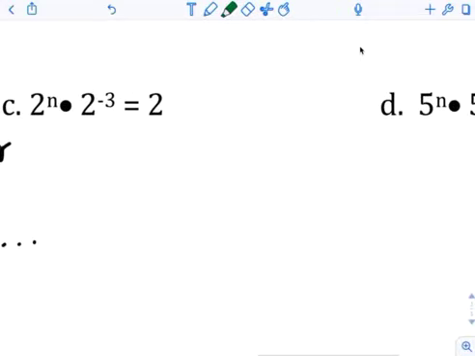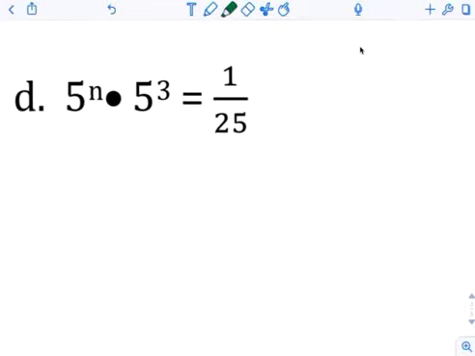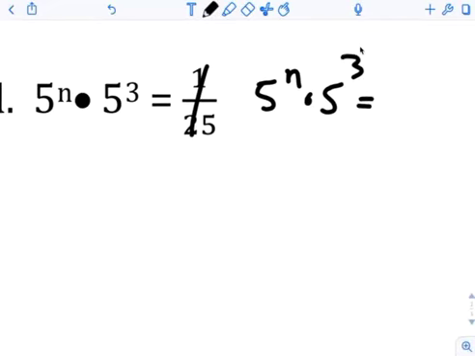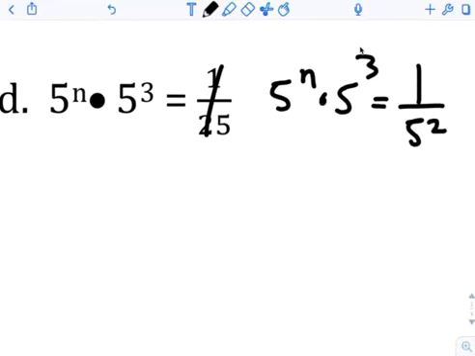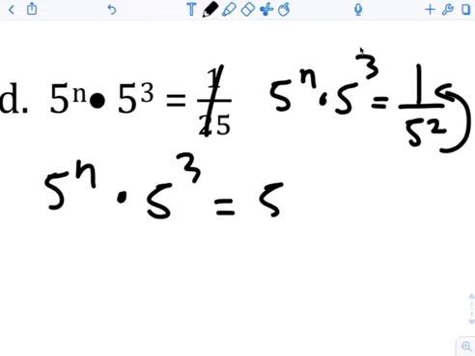Okay, so this is to the first, and finish. This one here, remember, is 5 to the n times 5 to the third equals, this is 1 over 5 squared. Move it up, 5 to the negative 2.